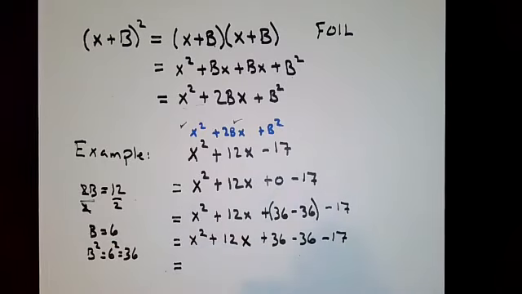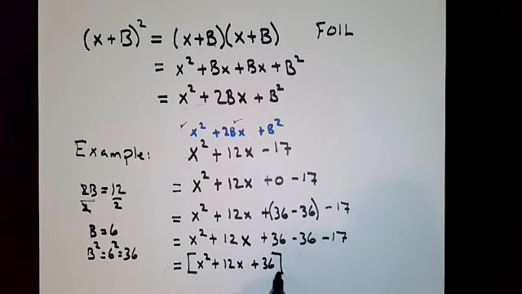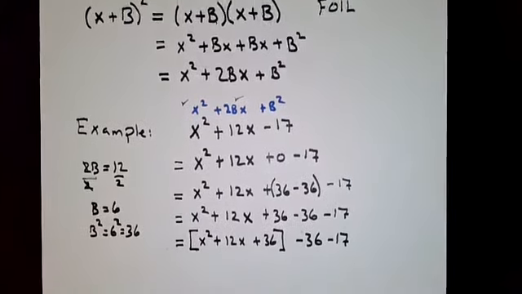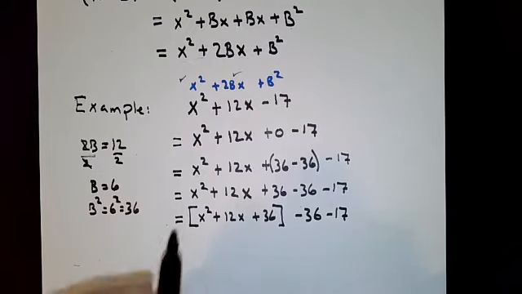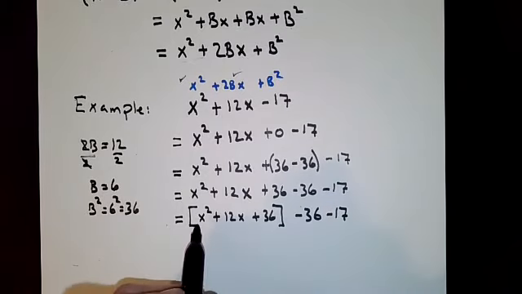But again, using associativity, we can choose to group things the way we want to. And so what we're going to do is group the first 3 terms. Now look at these first 3 terms.